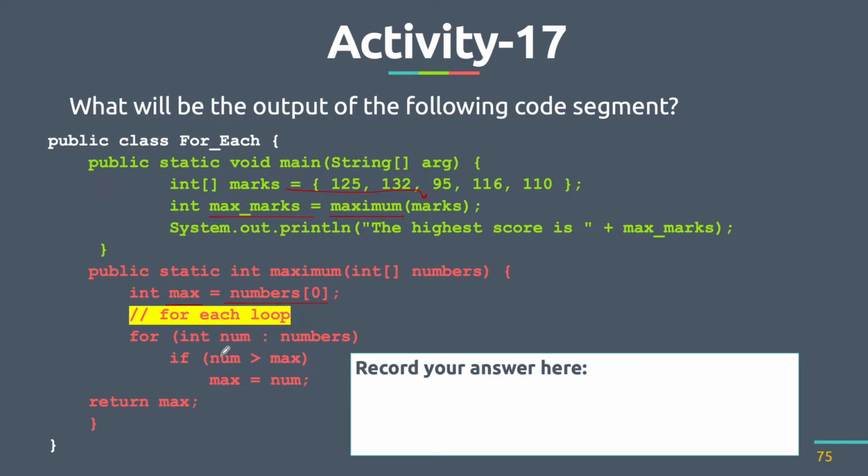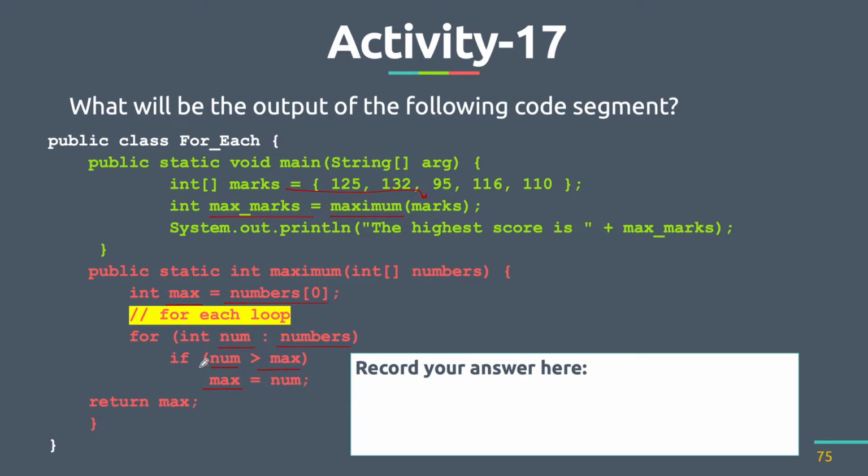We are going through integers with a variable called num, and we will pass this num variable throughout all the elements in the numbers array. In every iteration of the for loop, we are comparing if this num is greater than the max. If it was, then the maximum value will be equal to this num value.